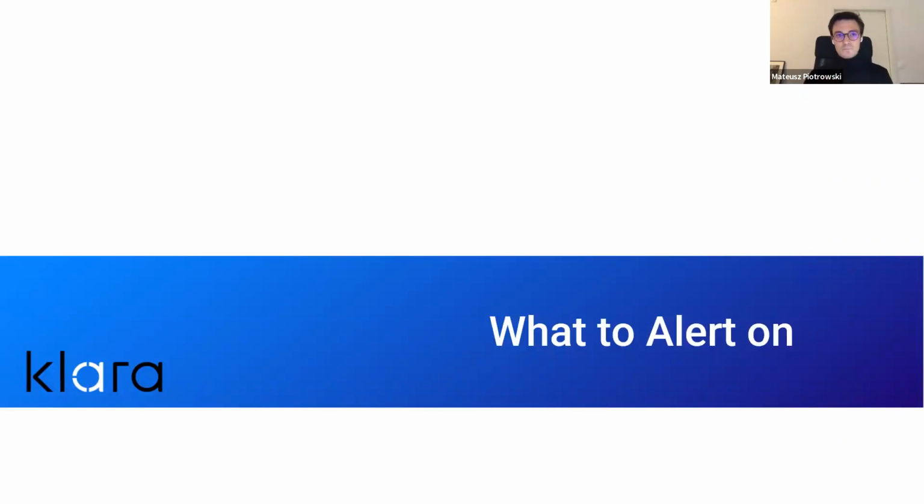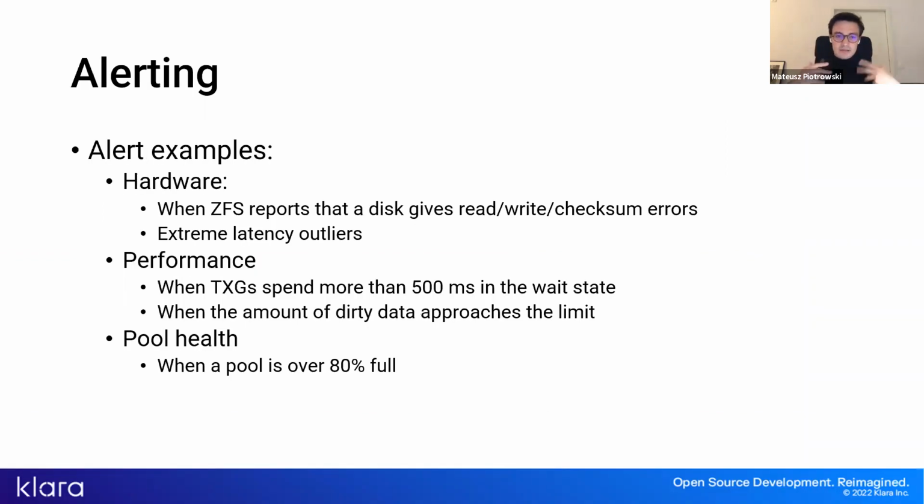So once you have all those insights and metrics and so on, usually you want to set up some alerting rules. And we will give you some example cases. So you can set up alerting for hardware.